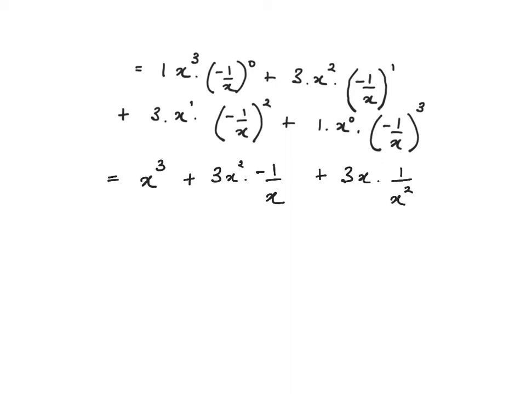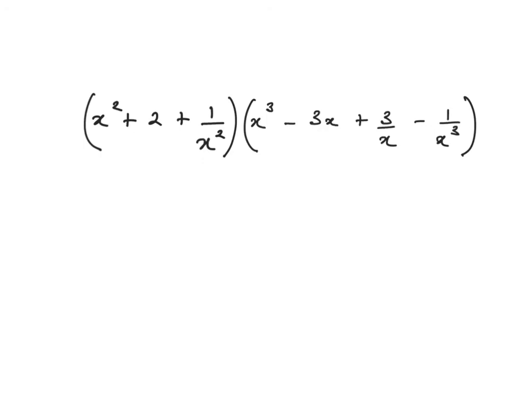And then now minus 1 over x all cubed, it's going to be negative 1 over x cubed. X squared divided by x is x, so it's minus 3x. X divided by x squared, that gives us, I'm going to write it as 3 over x, you can write it as 3x to the minus 1 if you wish. And that's what we have for the second bracket.